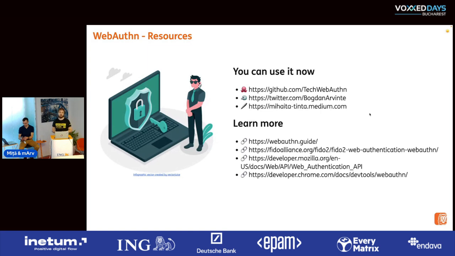Learn more about the initiative at the FIDO Alliance website, because they're one of the main drivers behind web authentication. You can check out the API on the Mozilla Developer Network, and if you don't have access to a device with web authentication capabilities or an external authenticator, you can definitely use, in the latest versions of Chromium browsers, the DevTools, which provide the web authentication simulator to generate different kinds of devices and capabilities.